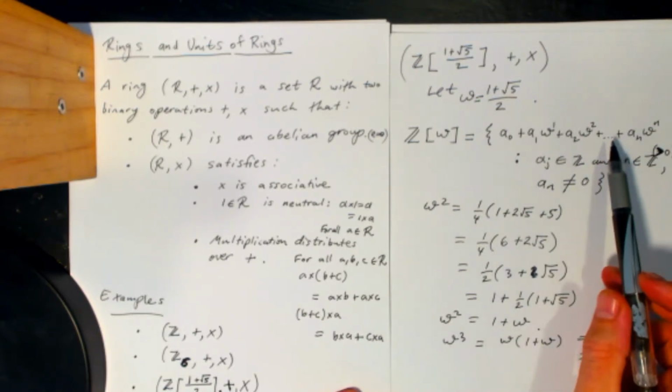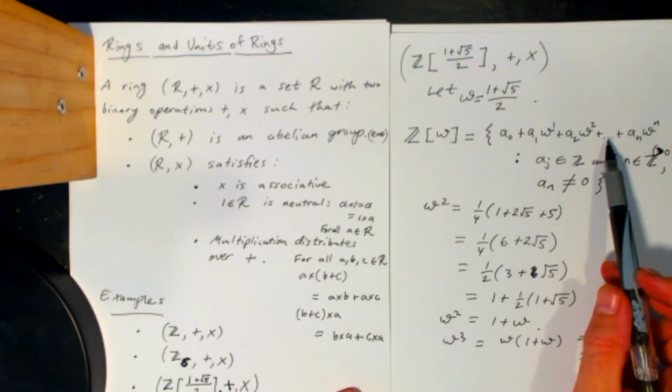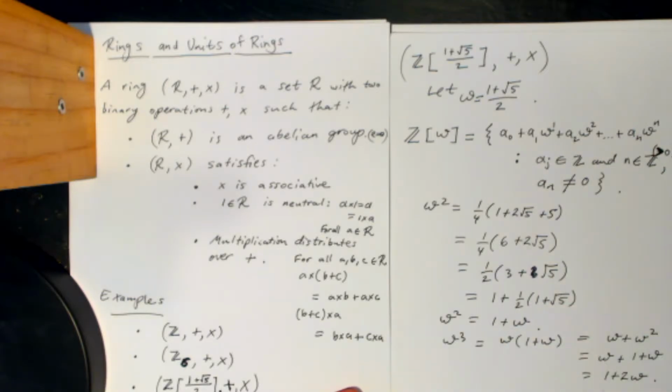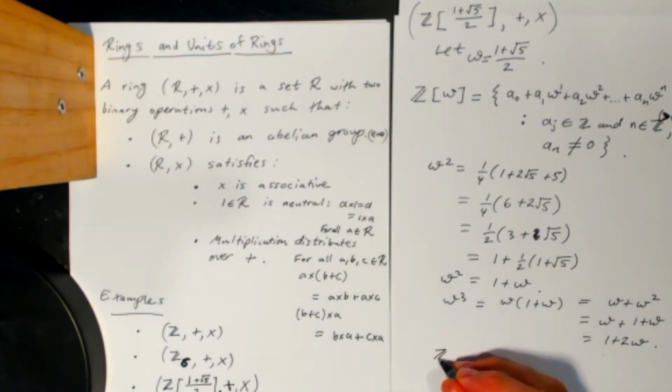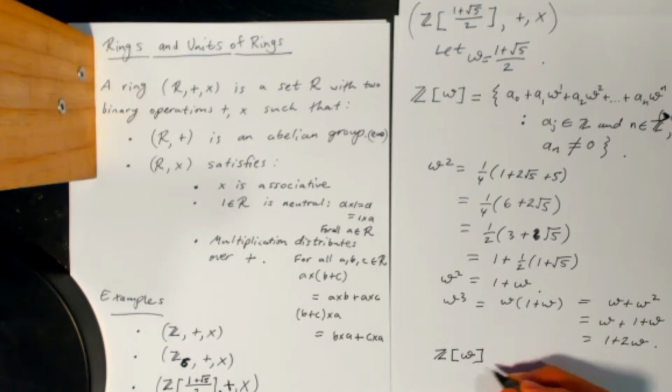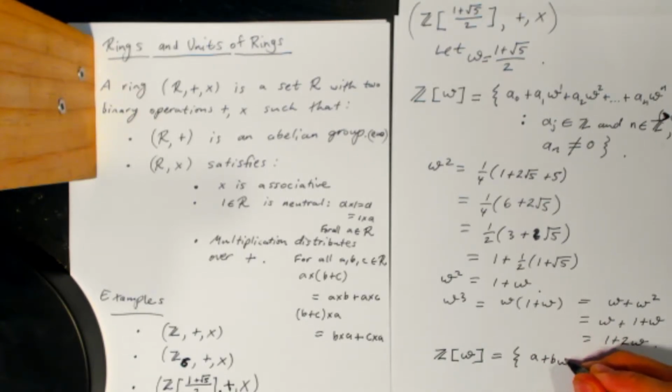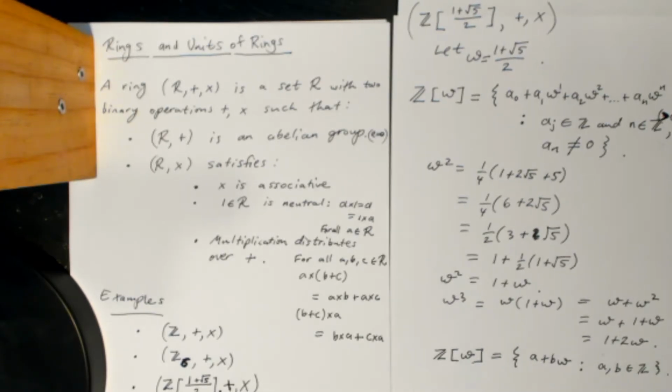So we can do the same thing with the omega cubed term that would appear here. In fact, we've learned that the integers adjoin omega, where omega is (1 plus root 5) on 2, is equal to the set of a plus b omega, such that a and b belong to the integers. This looks much simpler than what we have up here.